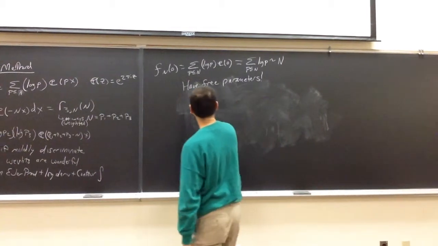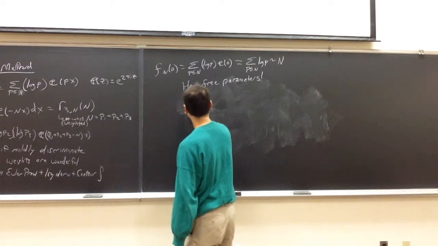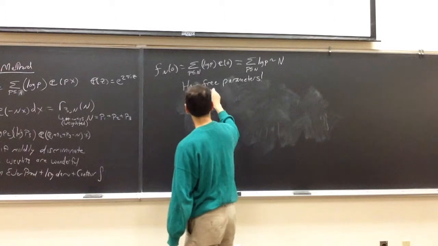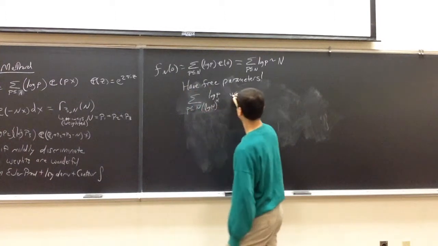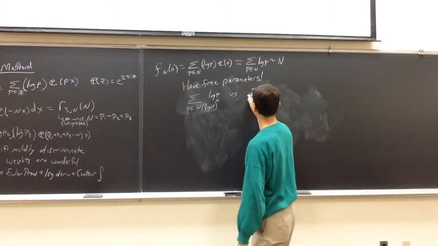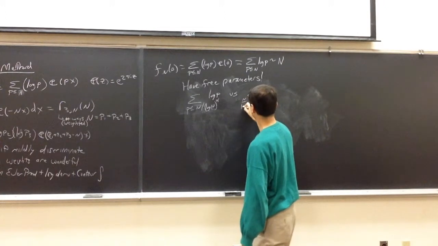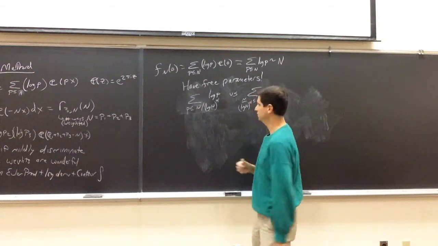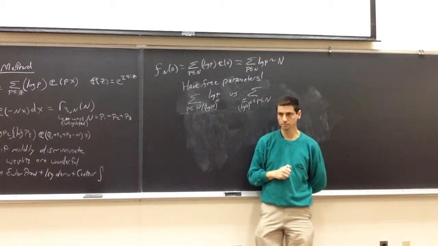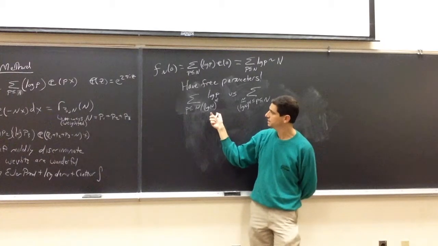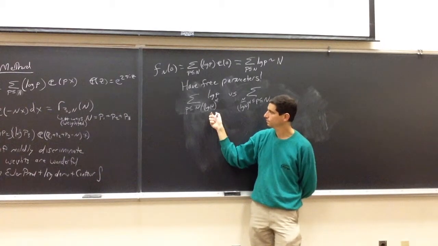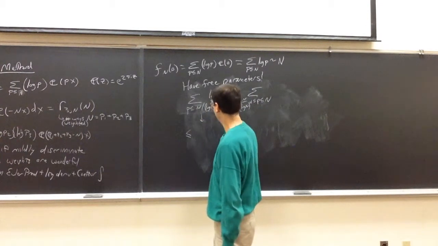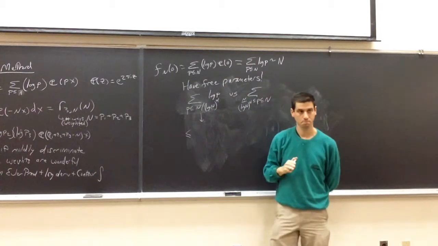So we could try the sum over p less than or equal to n divided by the log of n to the alpha of log p, versus the sum over n over log n to the alpha less than or equal to p less than or equal to n. So now if we do something like this, this is going to be less than or equal to the number of primes up to here.